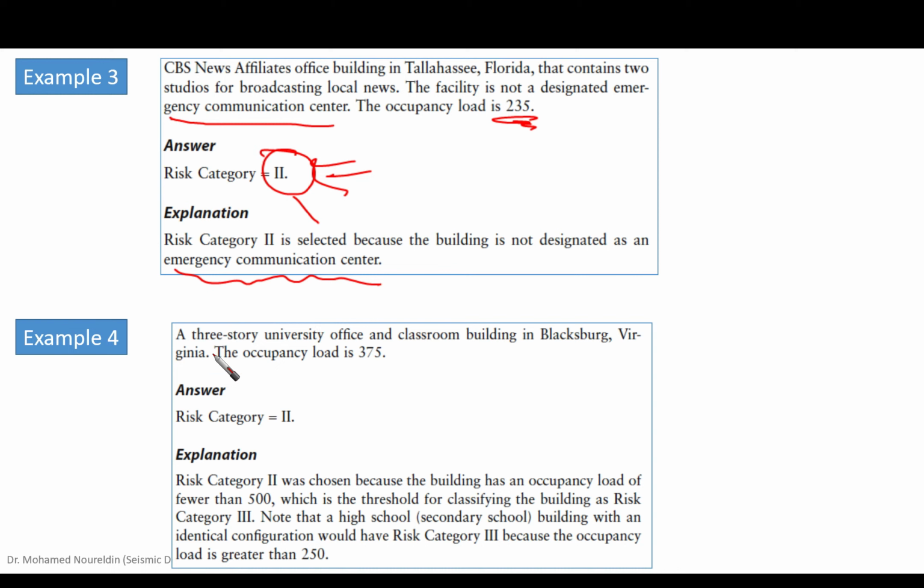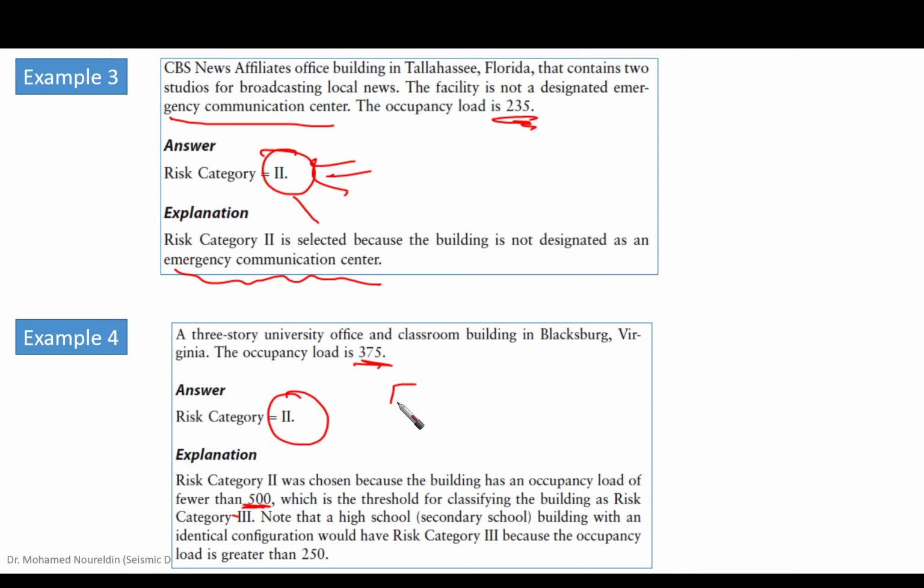Here also is a 3-story university office and classroom building in Virginia. The occupancy load is 375. This is going to be risk category 2. It was chosen here because the building has an occupancy load of fewer than 500. This is in the IBC.